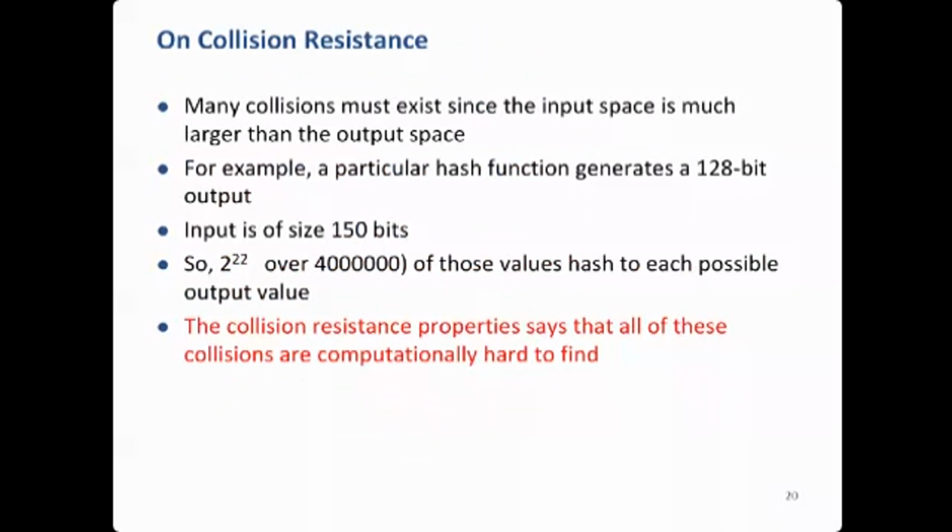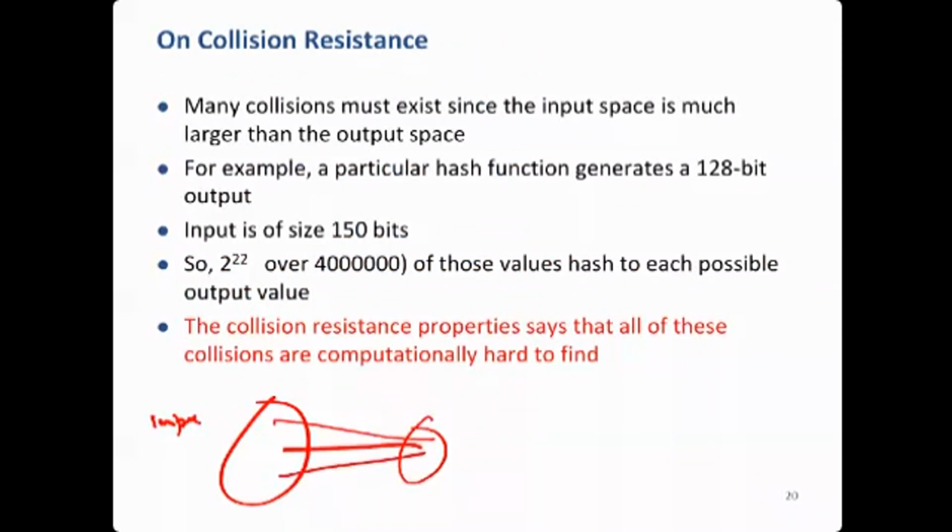Now you will see that the input side could be of any length and the output is of fixed size, so there will be collisions. But it should be very difficult to find the collision. That's the property.